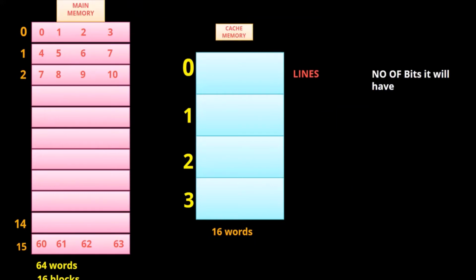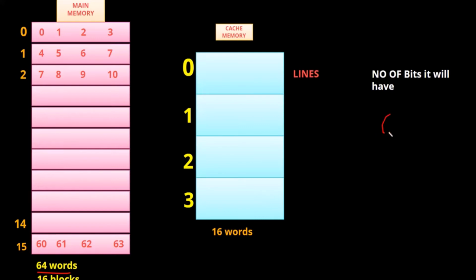Now let's calculate how many bits we need for the 64 words. The CPU always converts into bits and only then sends to the main memory. So how many bits should the CPU give to fetch the data?